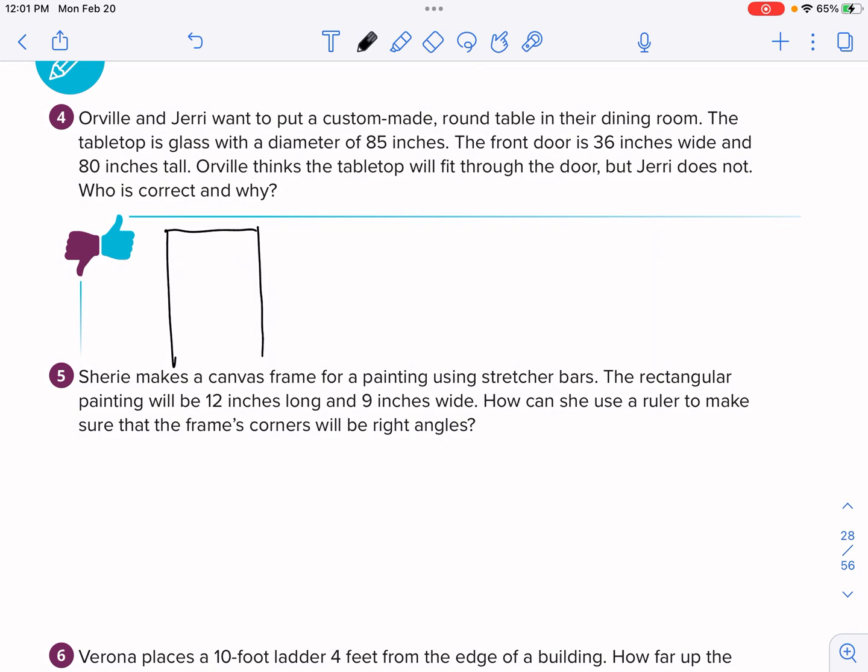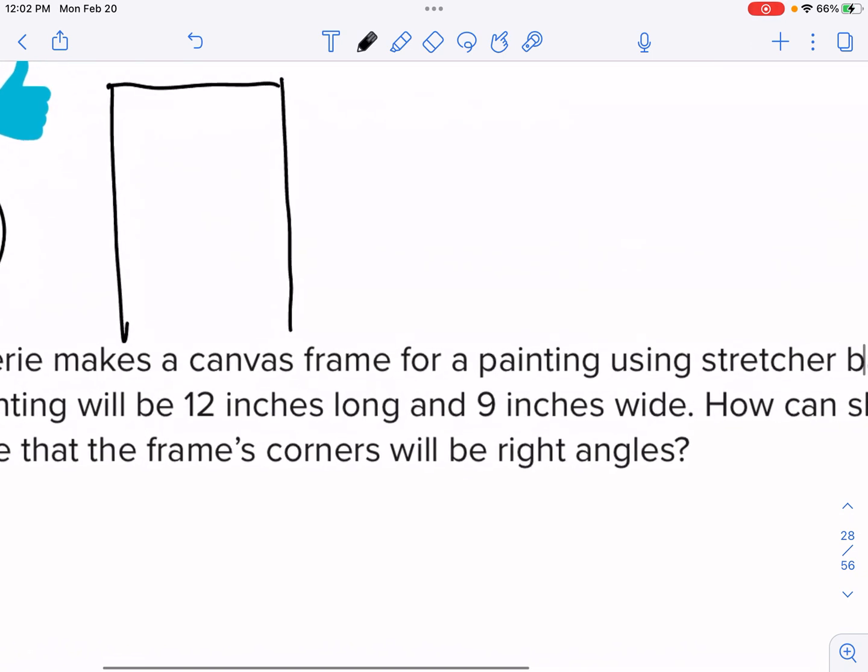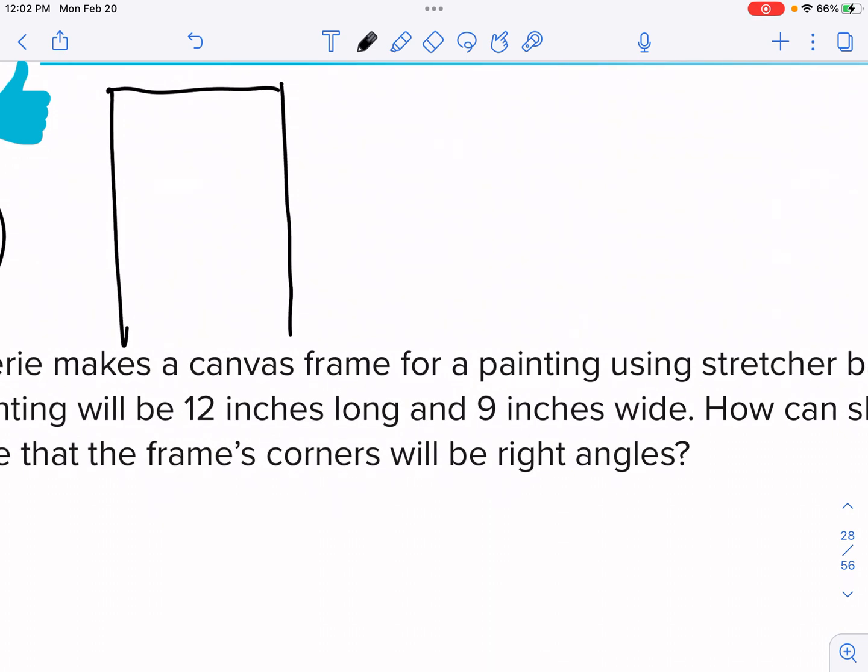Now, if we're trying to carry this big round glass top through this door, the way you're going to have the most room is if you try to fit it right here.